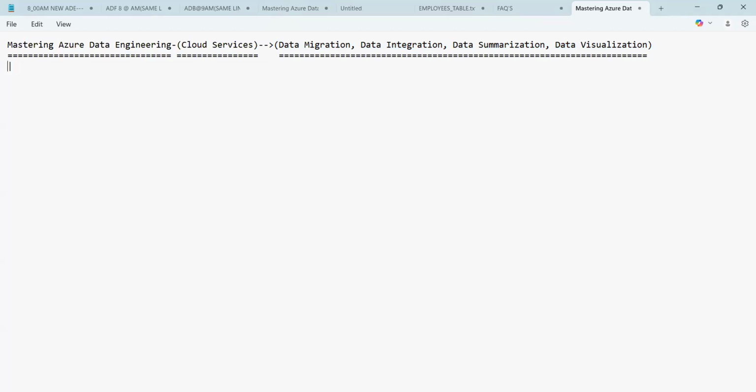Azure data engineering is a bunch of cloud services. The first one is ADF, which stands for Azure Data Factory. The next one is ADB, which stands for Azure Databricks.